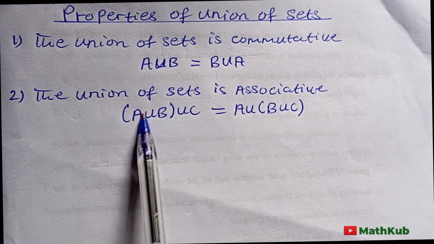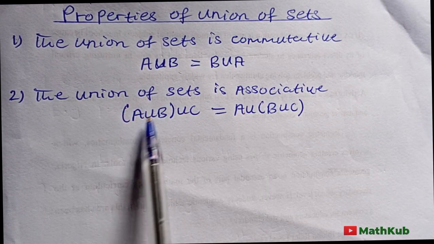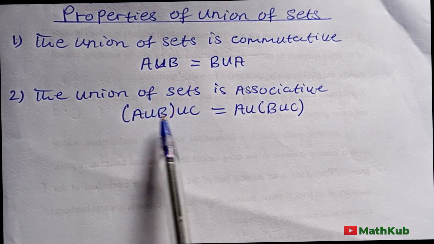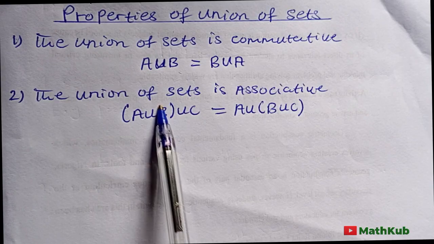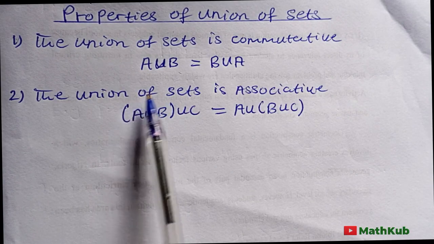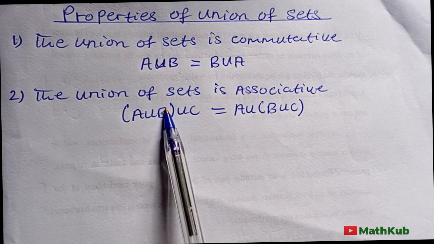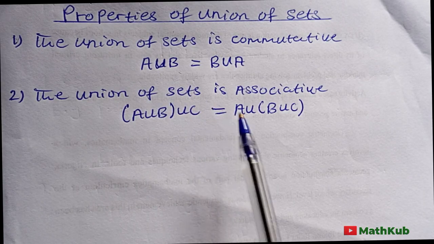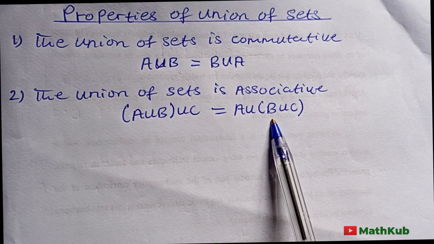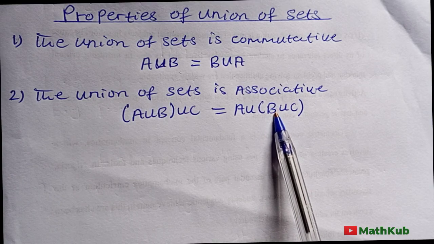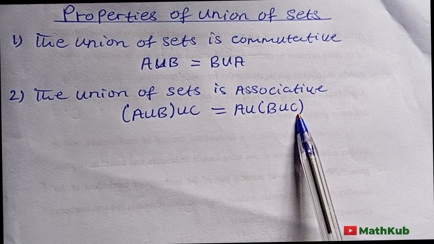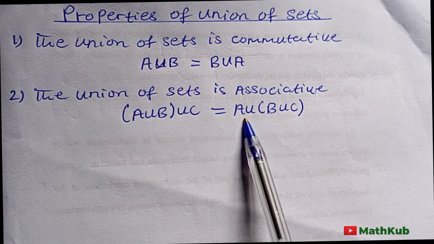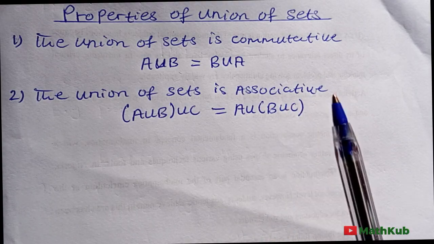You first consider the one in brackets, then after getting the result, you find its union with C. That is the same thing as taking B union C, and then after finding the answer, you say A union that answer.